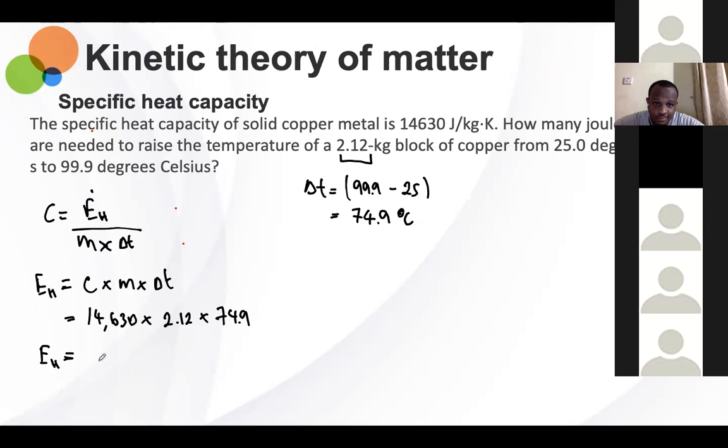Okay, great. So that is the amount of heat energy to get the copper from 25 degrees Celsius to 99.9 degrees Celsius.